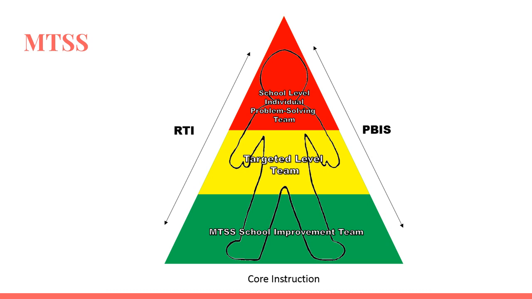The thought is if students don't respond to interventions at that very intense level, then we would go on to a special education referral at that point, because they definitely need that specialized instruction to make progress.